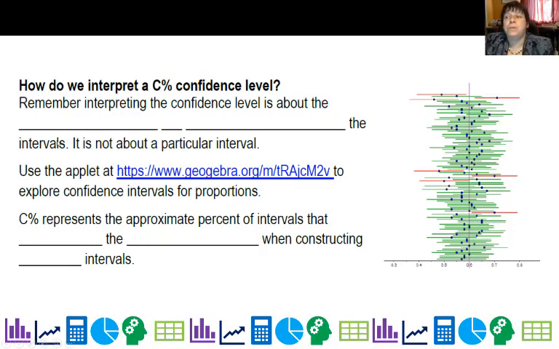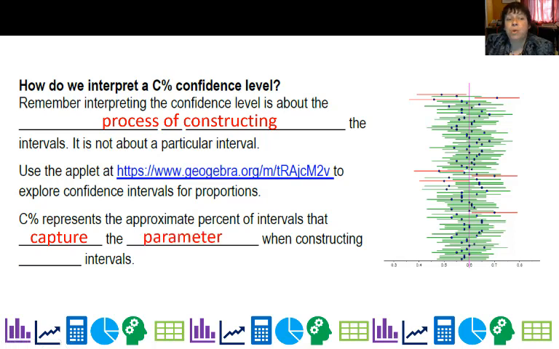So how do we interpret a C% confidence level? Again, the confidence level is about the process of constructing the interval. It's not about a particular interval, as I just showed you in that applet. C% represents the approximate percent of intervals that capture the parameter when constructing many intervals, all right? So that's how we interpret the confidence level.